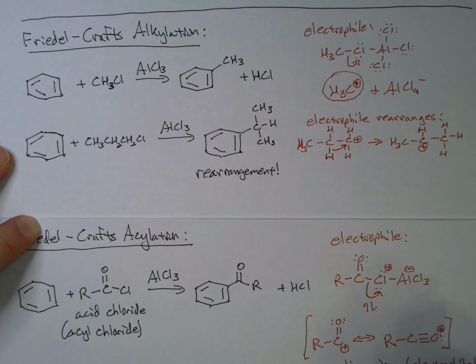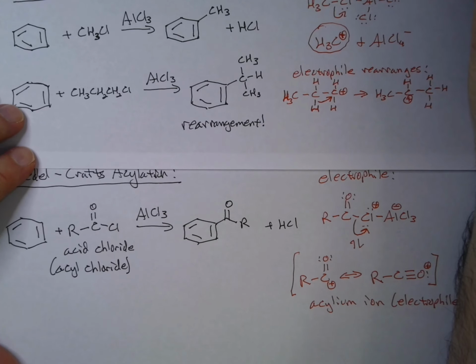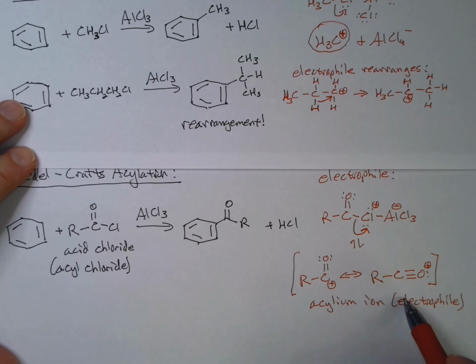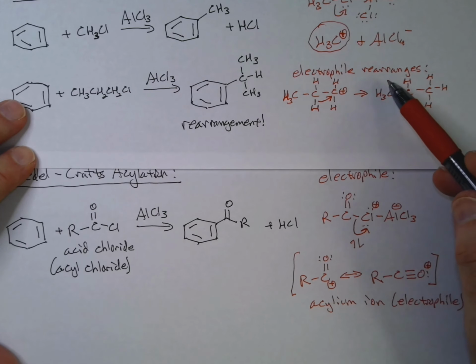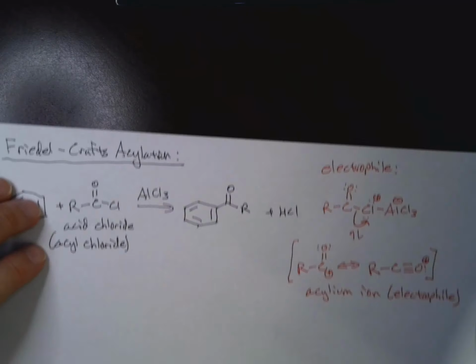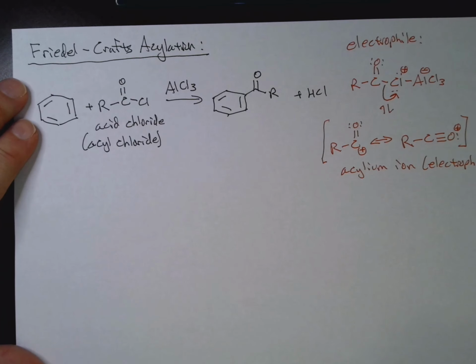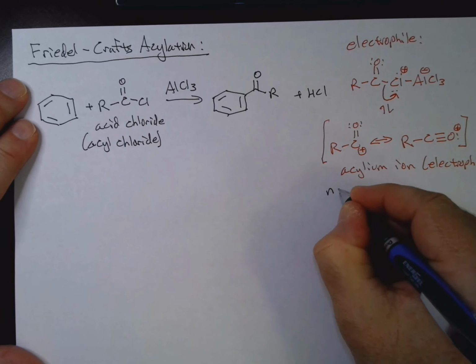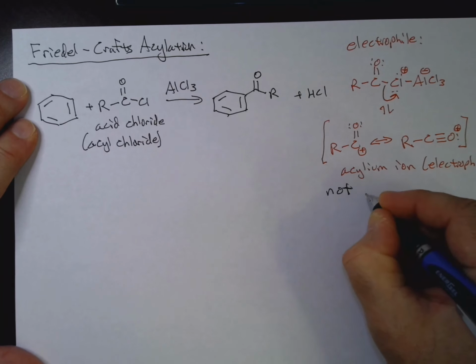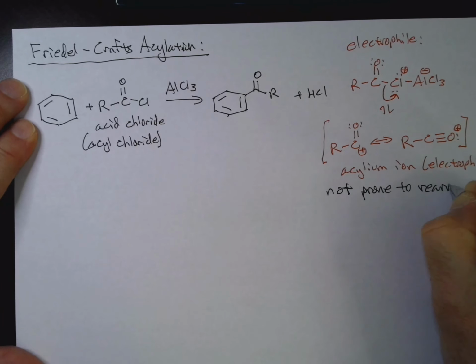So instead of making a carbocation like we did with the Friedel-Crafts alkylation, we make this acylium ion. Now we've actually controlled where things are going. So this guy will not rearrange, not prone to rearrangements.